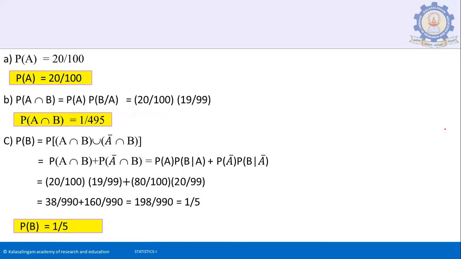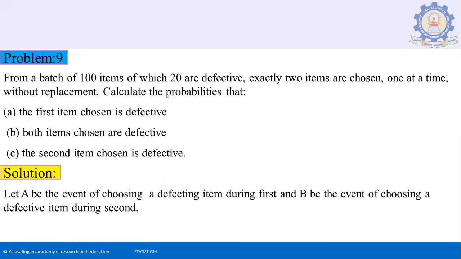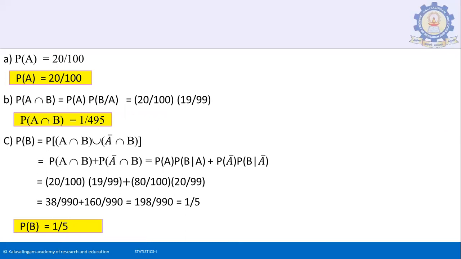The second subdivision, both items chosen are defective. So probability of A intersection B, using the product rule, the multiplication rule, is P of A into P of B given A. So it is 20 by 100 into 19 by 99. We simplify and get 1 by 495.